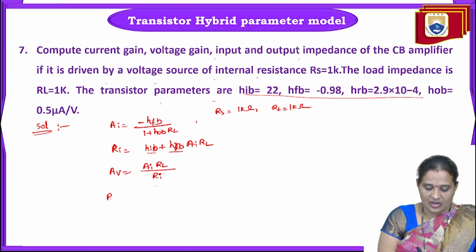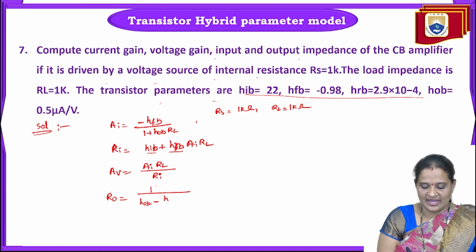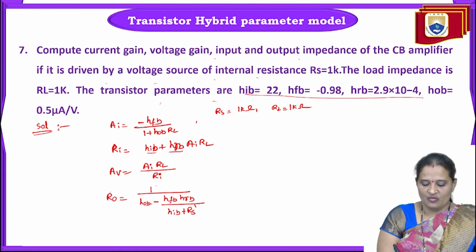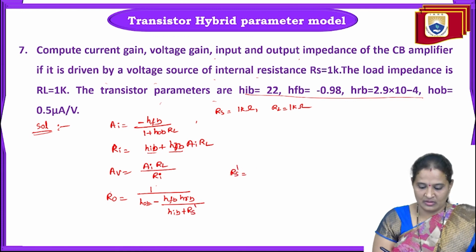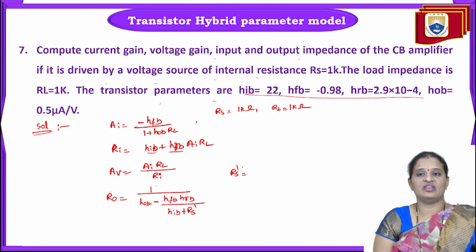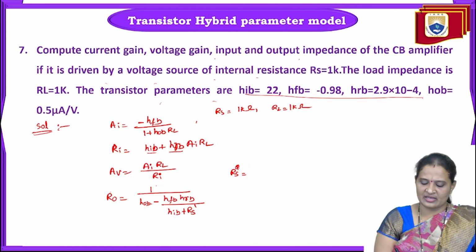And similarly, the R naught value is 1 by HOB minus HFB into HRB divided by HIB plus RS dash. What is RS dash? We don't have any other resistors, so there is no need to calculate RS dash.